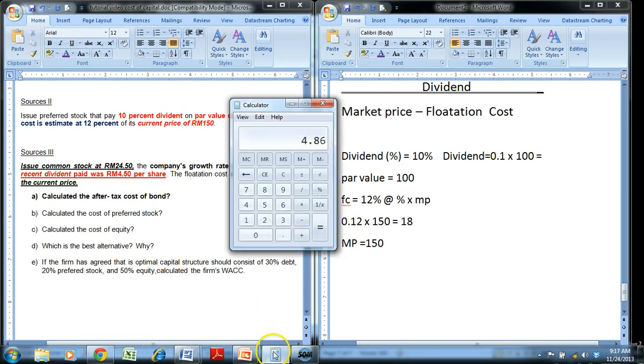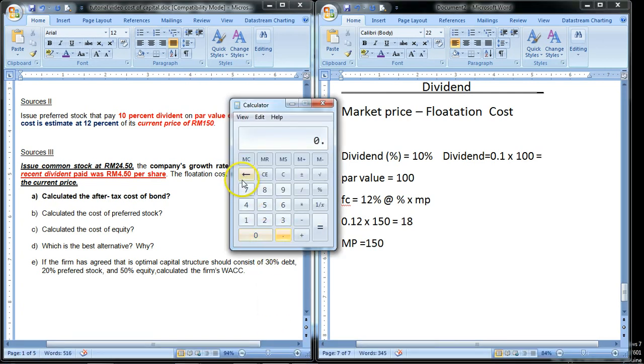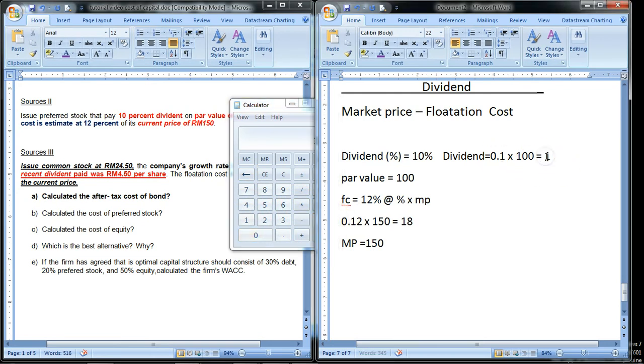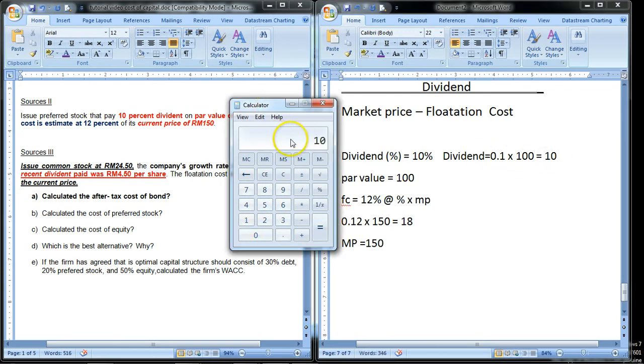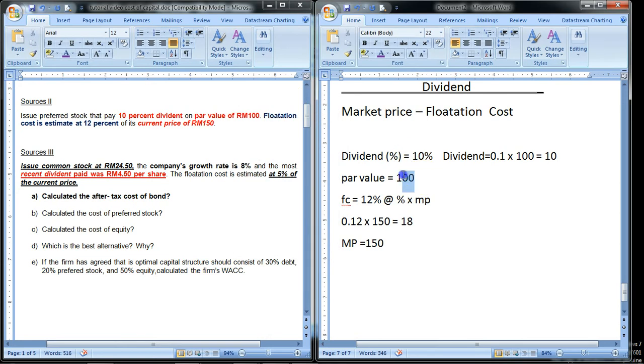So calculate 0.1 times 100. The answer is 10, right? So your dividend is 10. Then we find our flotation cost, 12% times it. The formula is percentage times market price. You get your market price, 150, which you extracted just now.